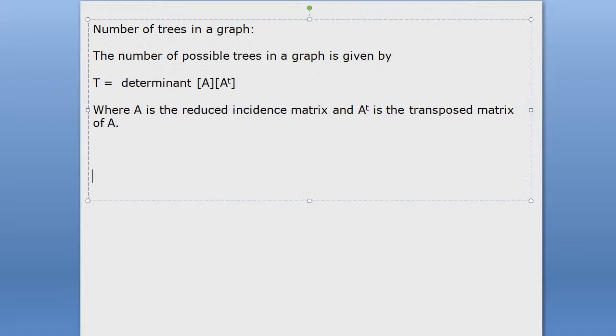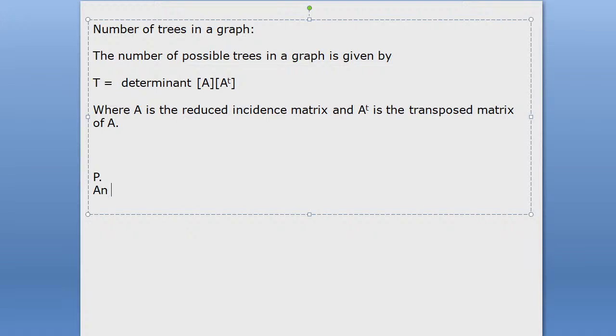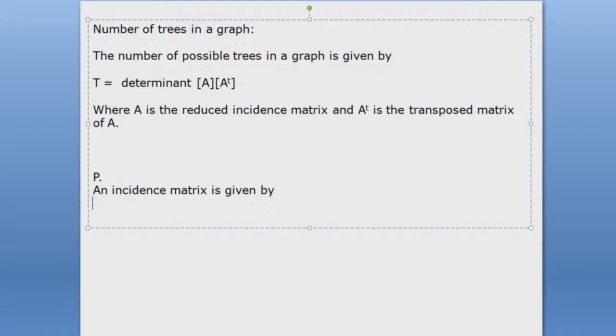Suppose the incidence matrix is given by: first row -1, 0, +1, +1, -1 and 0, 0.